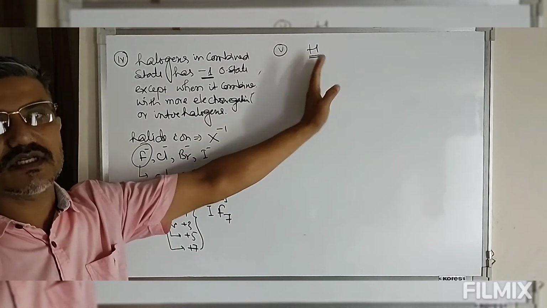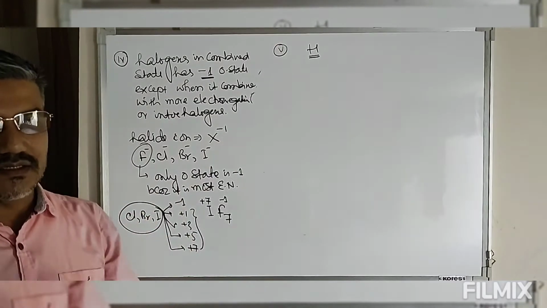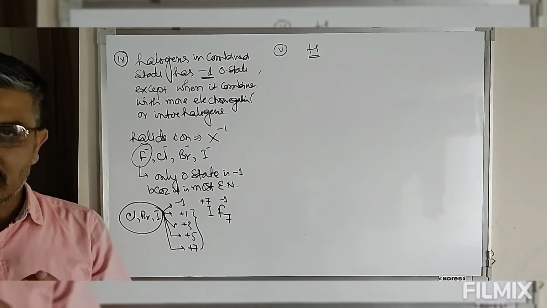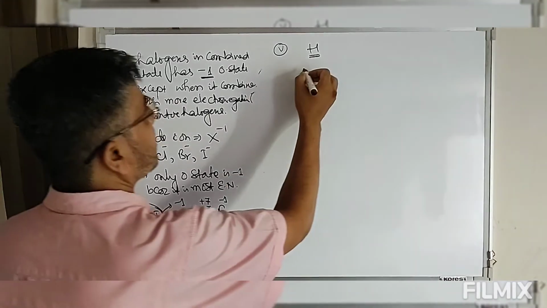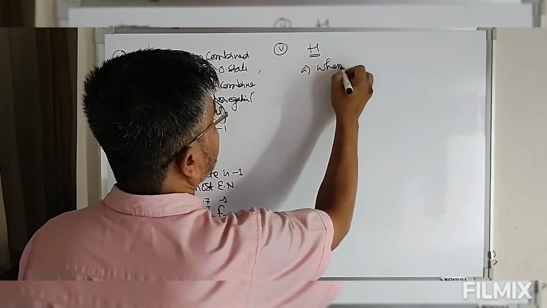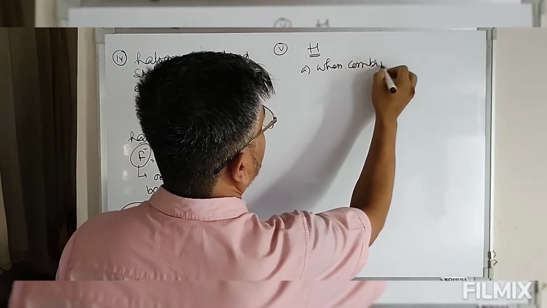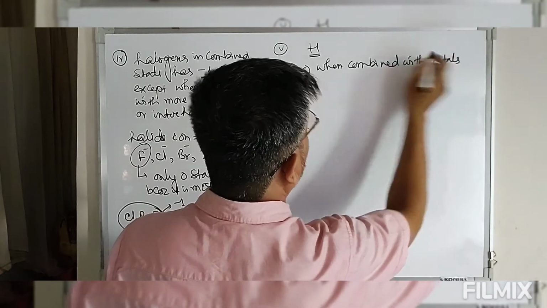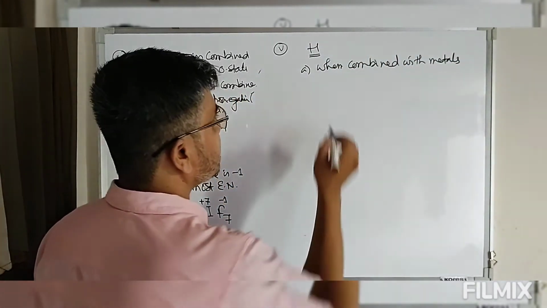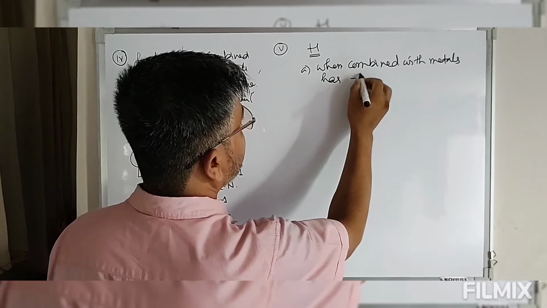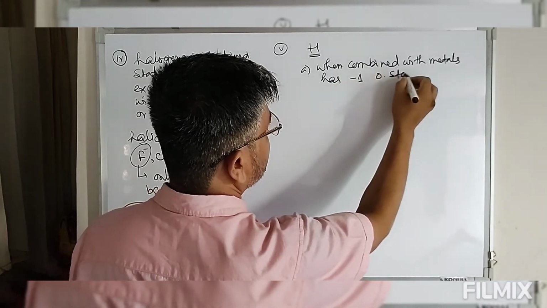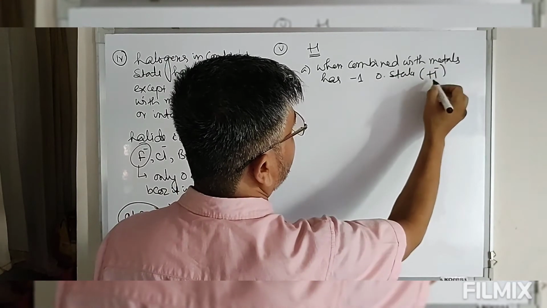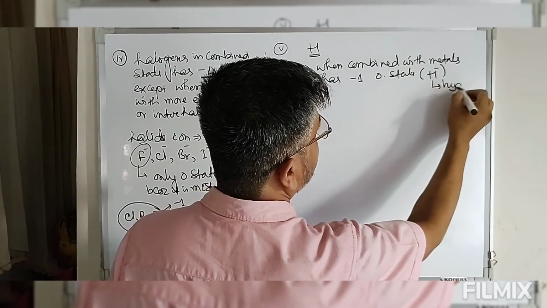When hydrogen combines with metals, it has -1 oxidation state, that is H minus, known as the hydride ion.